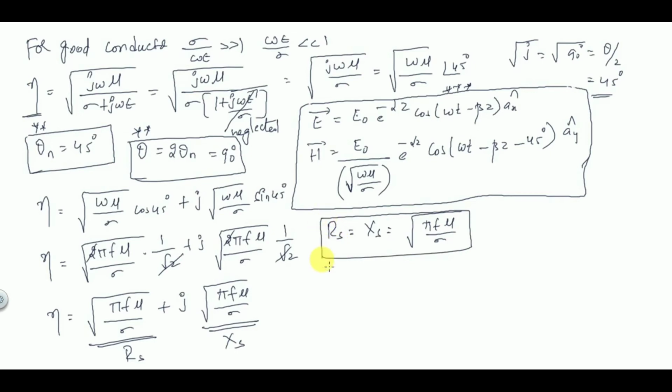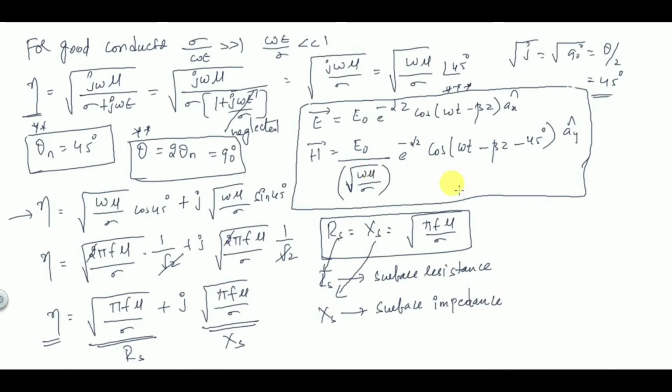These are the formulas where RS is called the surface resistance. So eta in the case of a good conductor is a complex term which consists of the real part, called the surface resistance, and XS, called the surface impedance, which is the imaginary part of this eta, the intrinsic impedance.